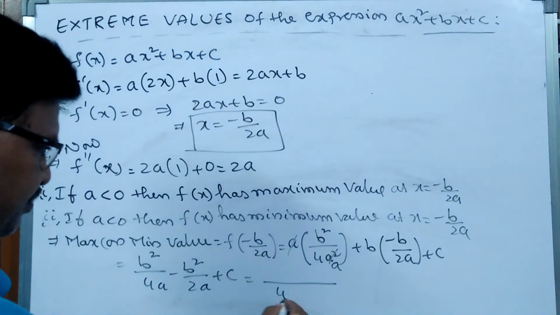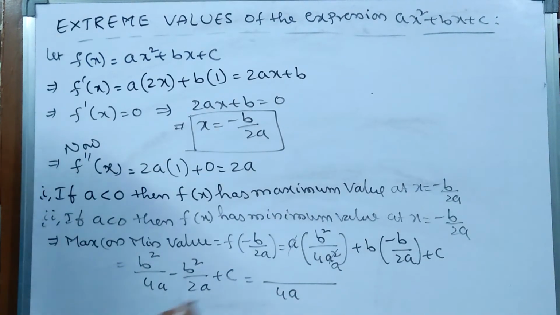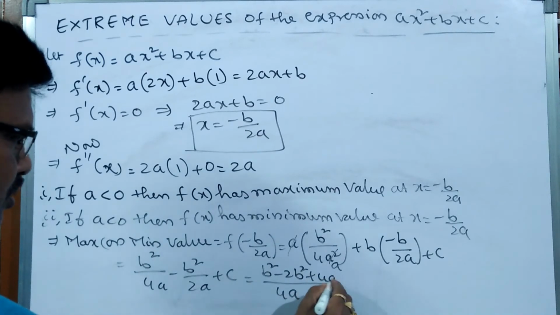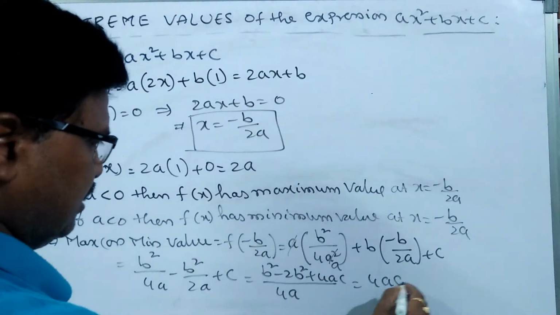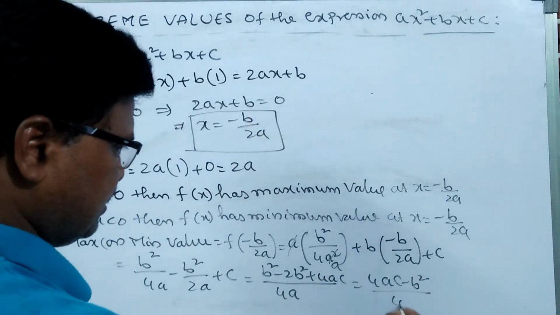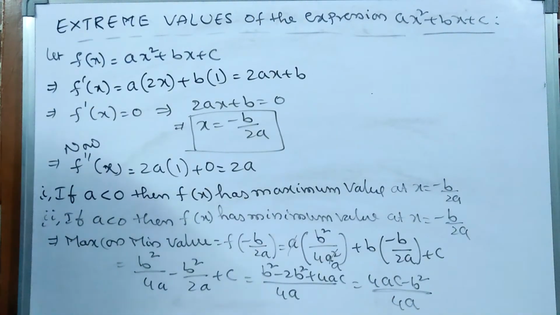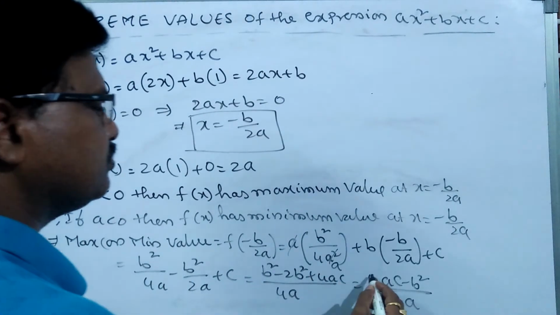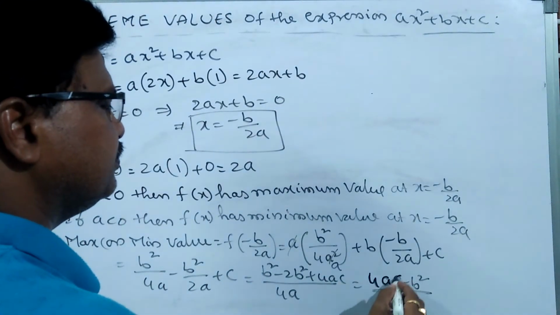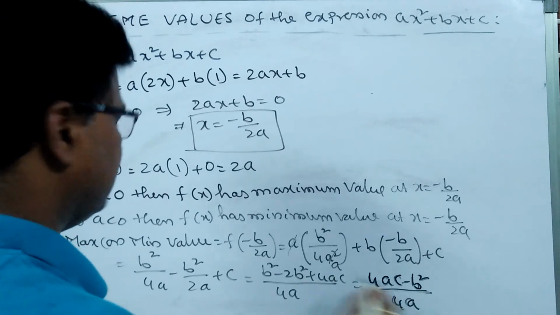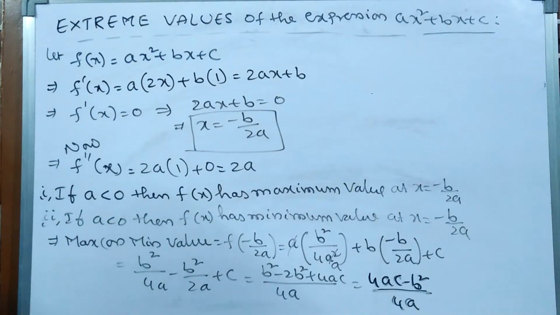If you take LCM, LCM is 4a: b square minus 2b square plus 4ac, which is nothing but 4ac minus b square by 4a. So this is either maximum or minimum value.